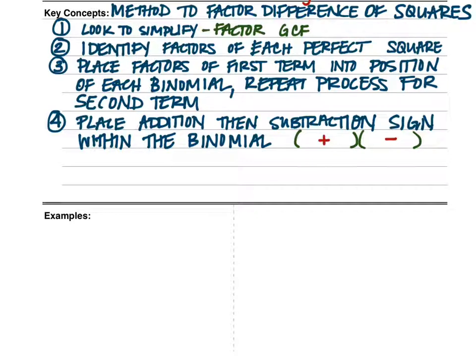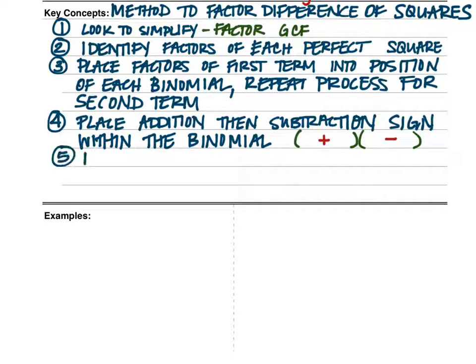This binomial can be shifted over here, and this binomial can be shifted over here. They can be flip-flopped. The subtraction sign can be first, the addition sign can be first. The only thing that really is required is that we have one addition and one subtraction.